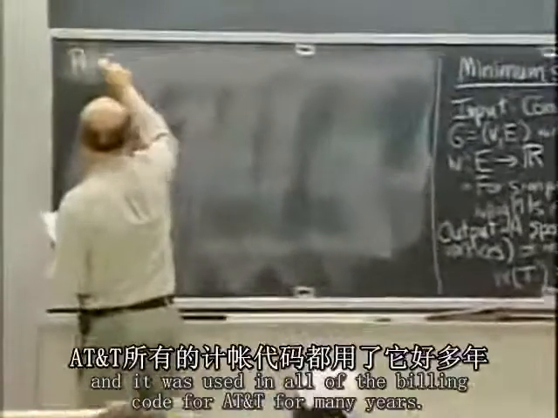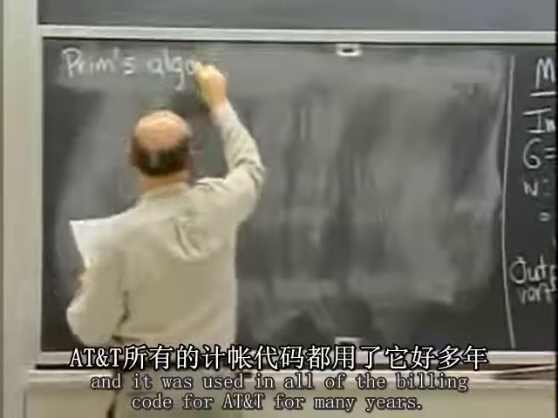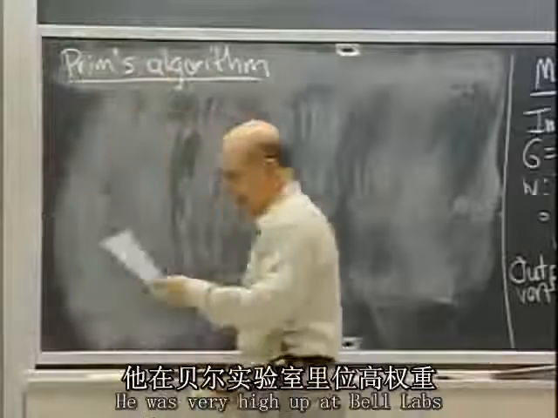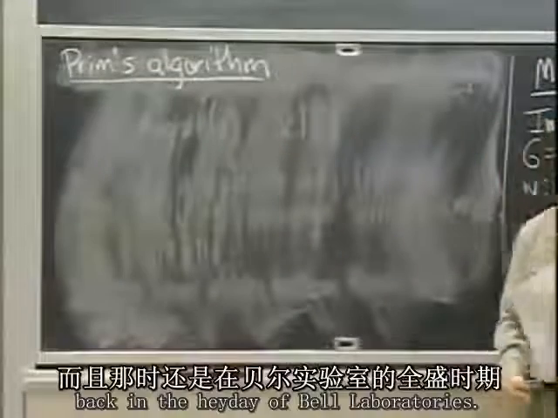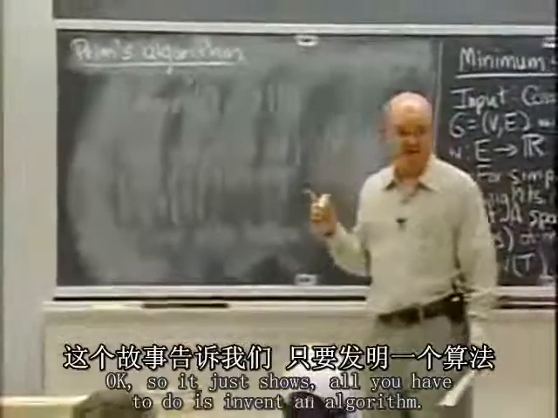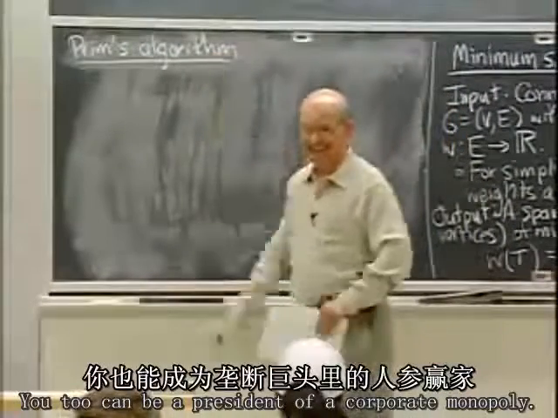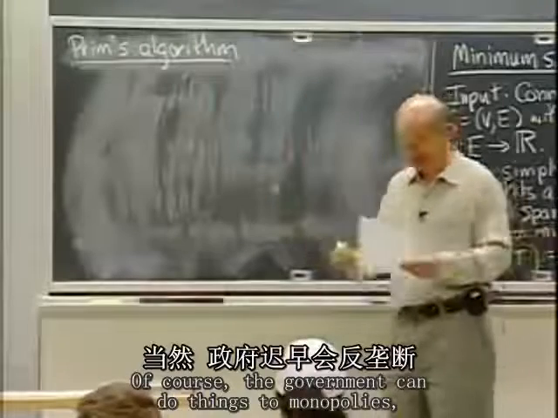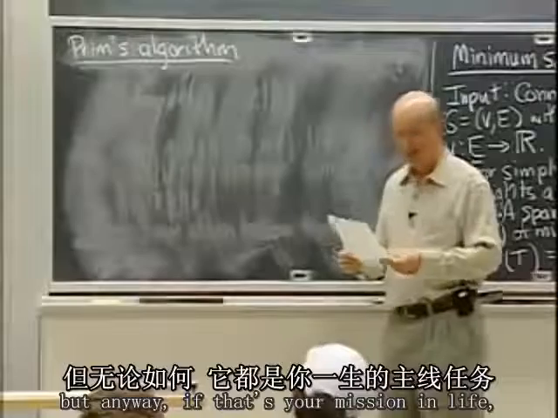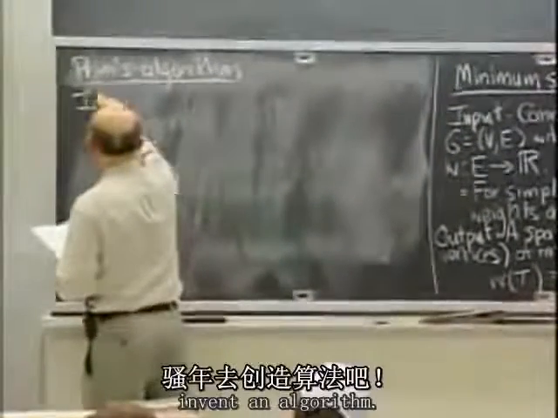And it was used in all of the billing code for AT&T for many years. He was very high up at Bell Labs back in the heyday of Bell Laboratories. So it just shows all you have to do is invent an algorithm. You too can be the president of a corporate monopoly. Of course, then government can do things to monopolies, but anyway, if that's your mission in life, invent an algorithm.